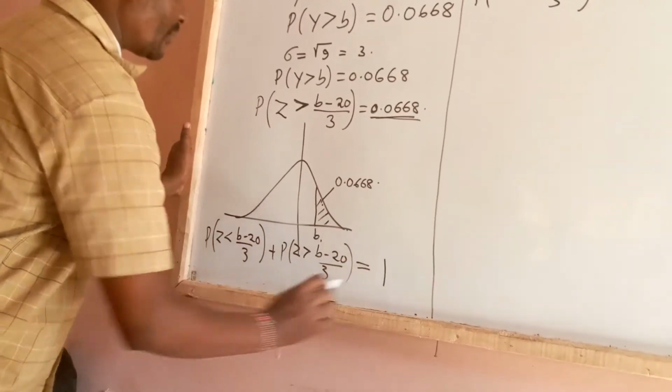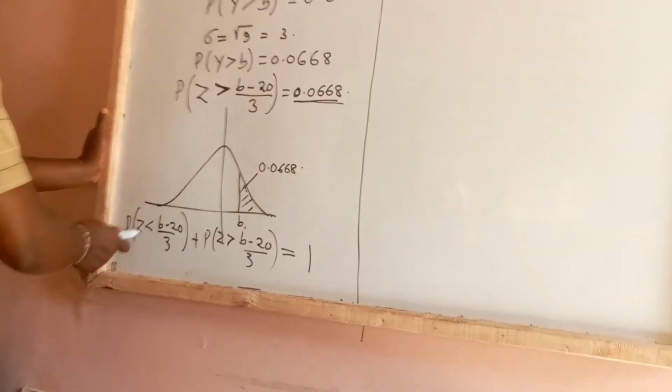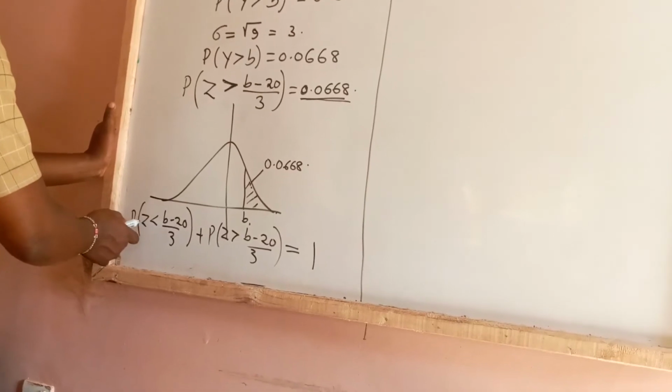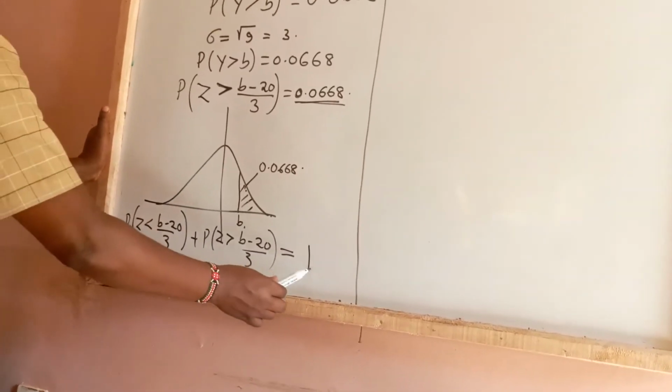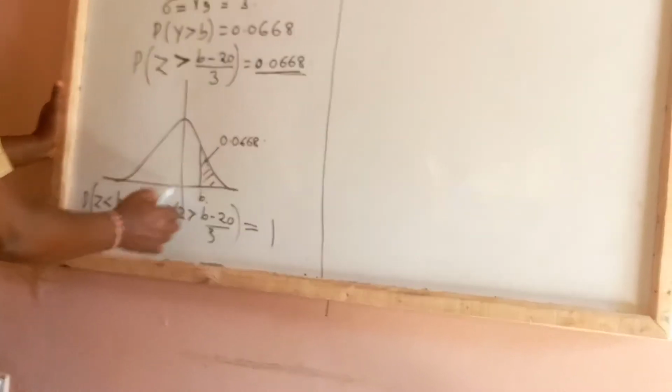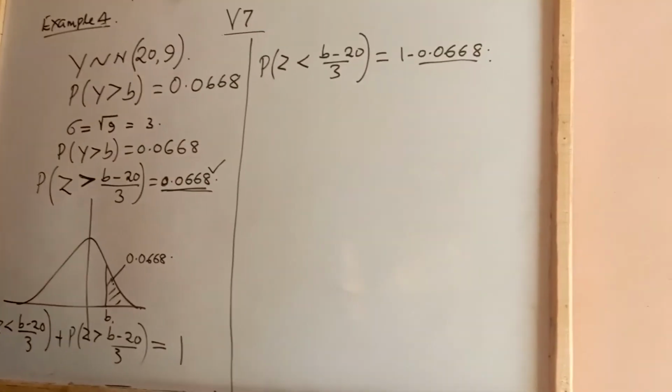When you add them together, they give you 1. So if you want the probability of Z less than (b minus 20) over 3, you have to have 1 minus the probability of this, which is here. And that is what we brought there.